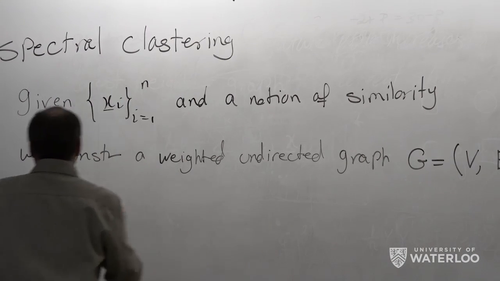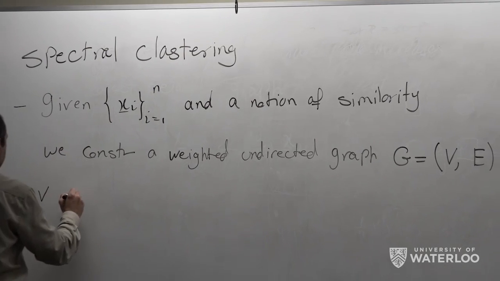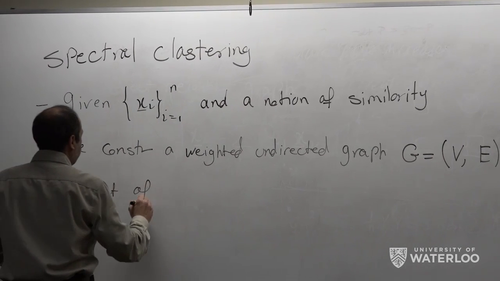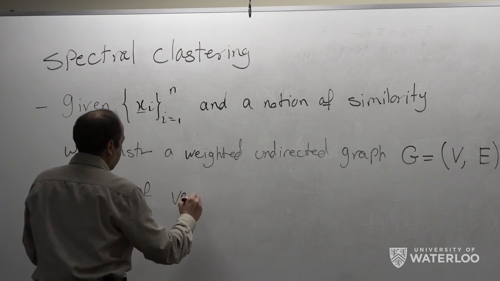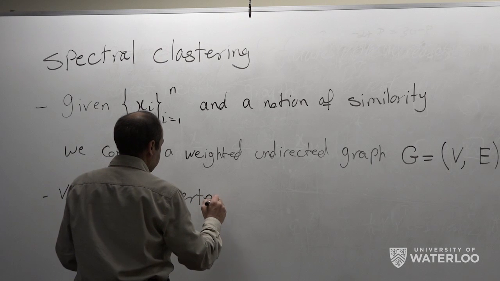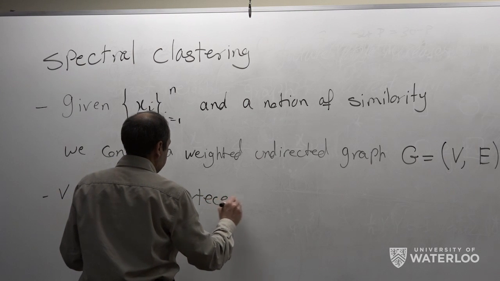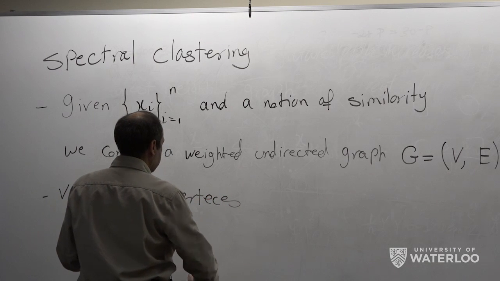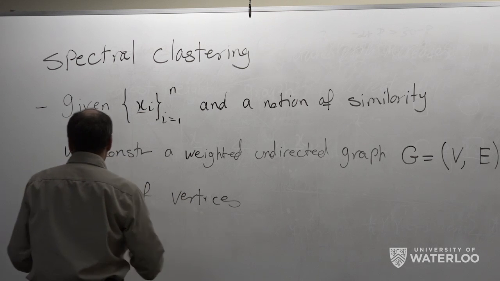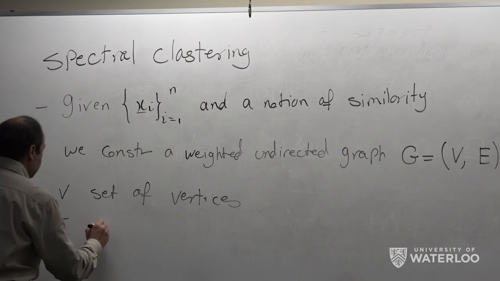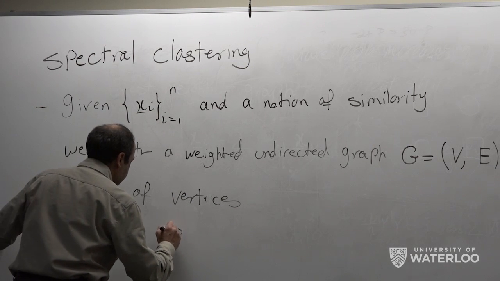So V here is the set of vertices and E is the set of nodes.